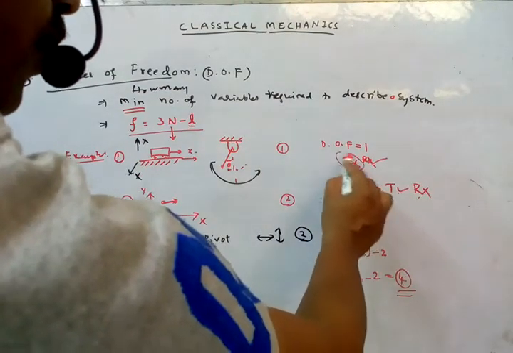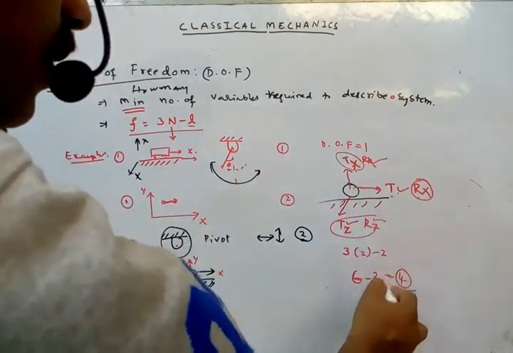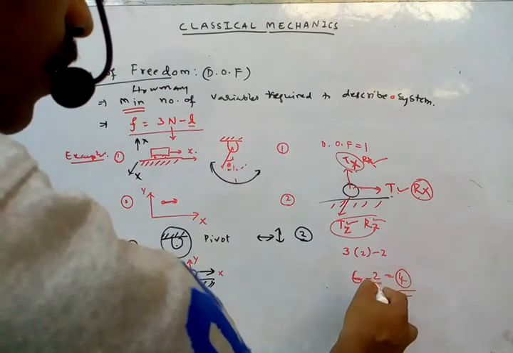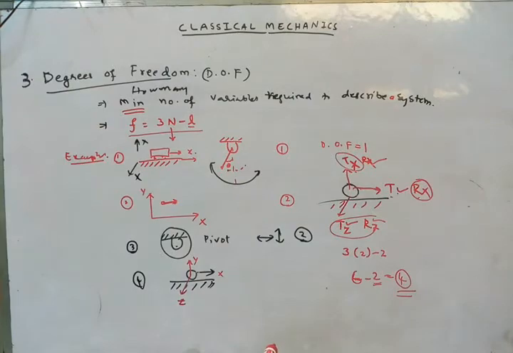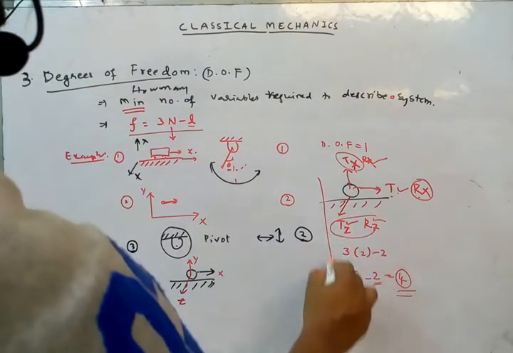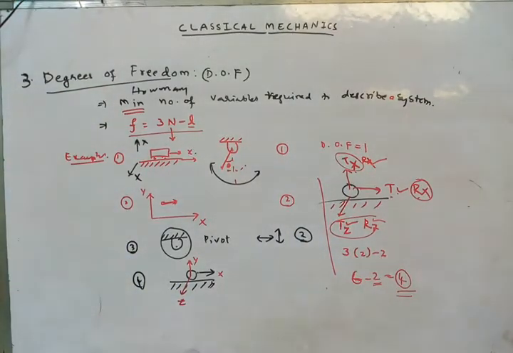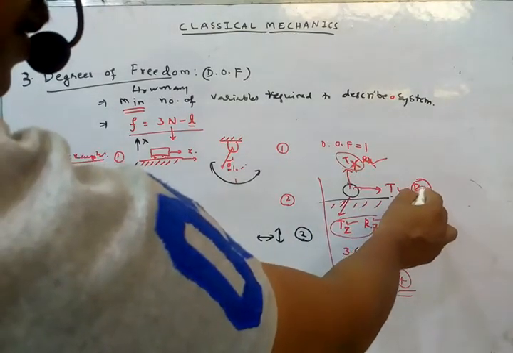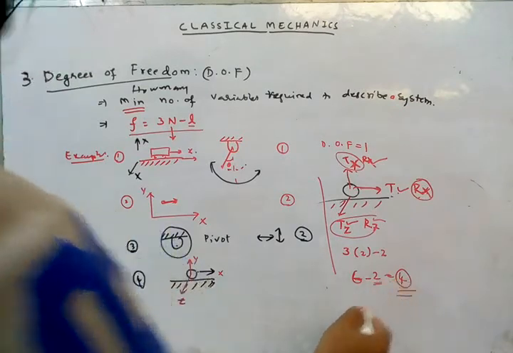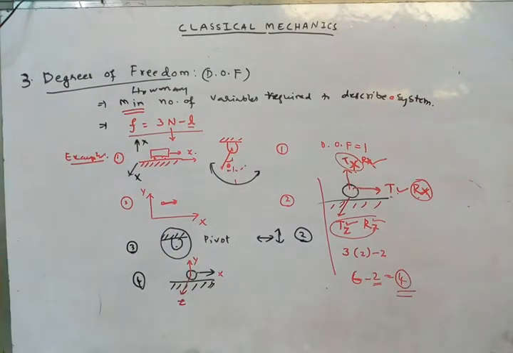So we have two constraints, that is equal to 2. So 6 minus 2 is equal to 4. Have you understood this one? In the y direction it is not there, rotational motion is not there, the remaining are there. So 6 minus 2 is equal to 4. So this is the degrees of freedom.